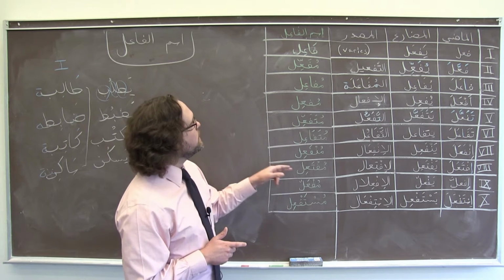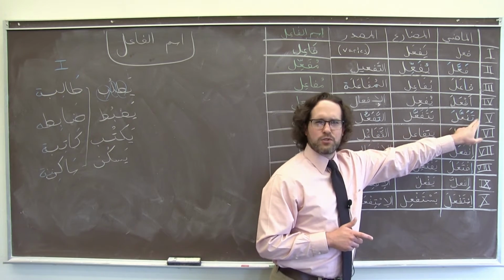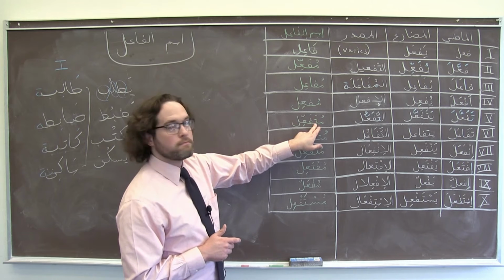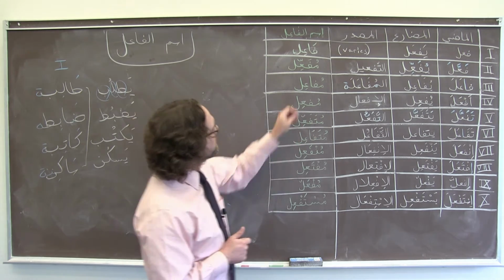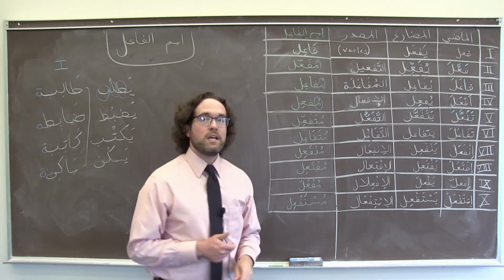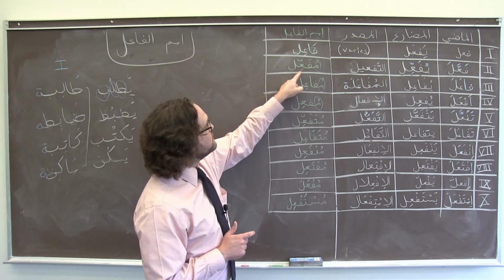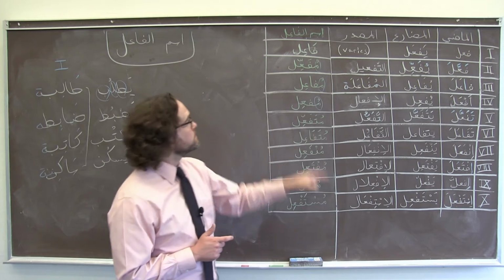For example, in Form 5, we add the extra ta to the beginning of the judr, and in Form 5, ism fa'il, we do the same thing. Notice that from 2 through 10, all of the asma fa'il begin with a meem with a dhamma on it, and that the second to last letter of the judr has a kasra.